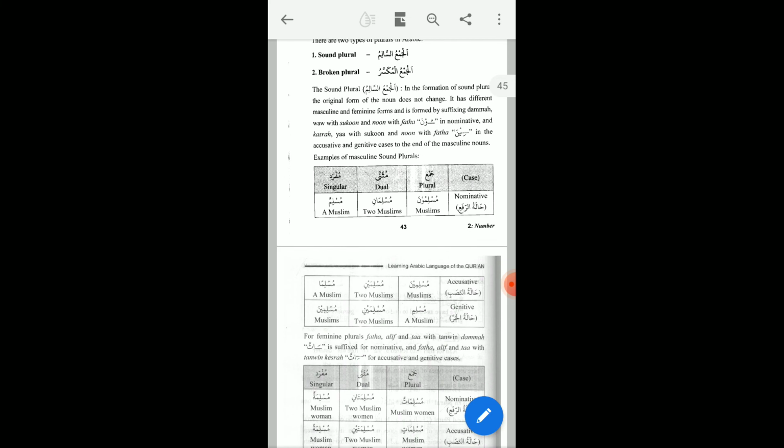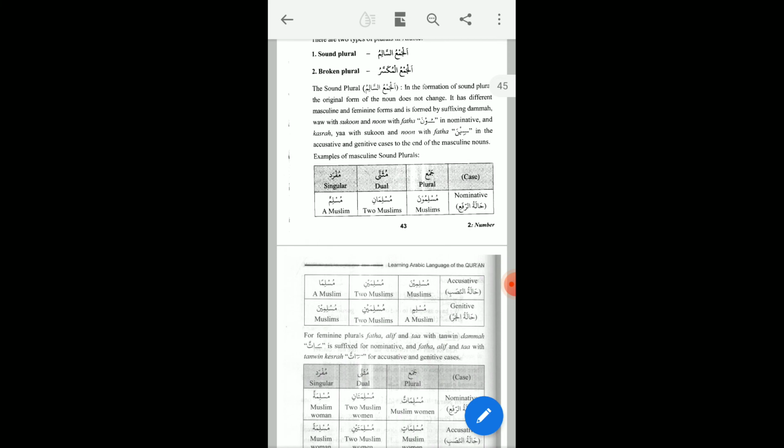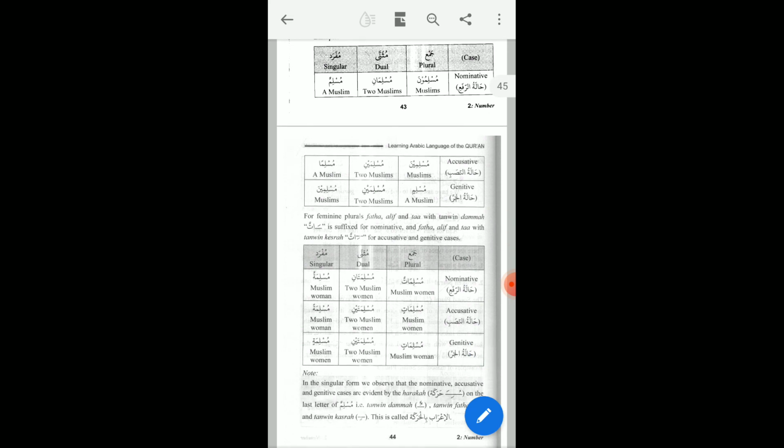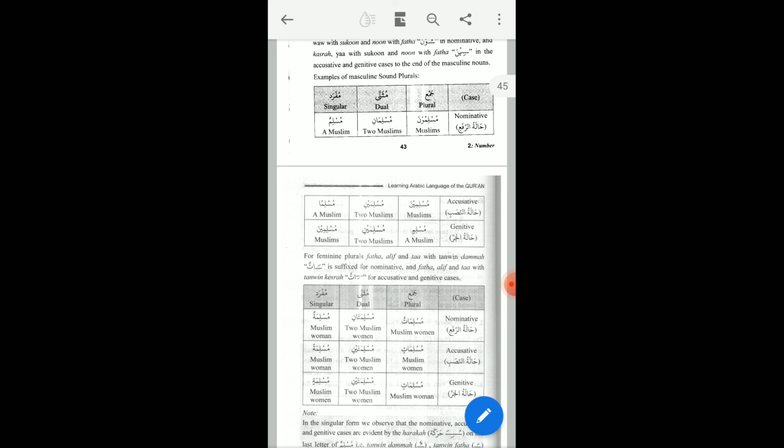Examples. Now, case is nominative. Single is Muslimun, two Muslims, Muslimani, and many Muslims, Muslimuna, isn't it? This jama is jam'u salim. It is not broken. We just added waw and noon with fatha. We added waw because waw approaches dhamma.